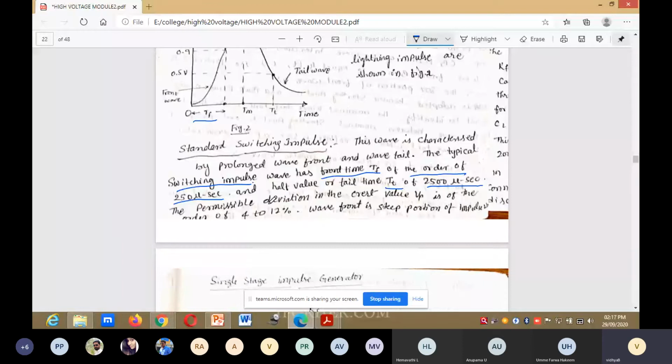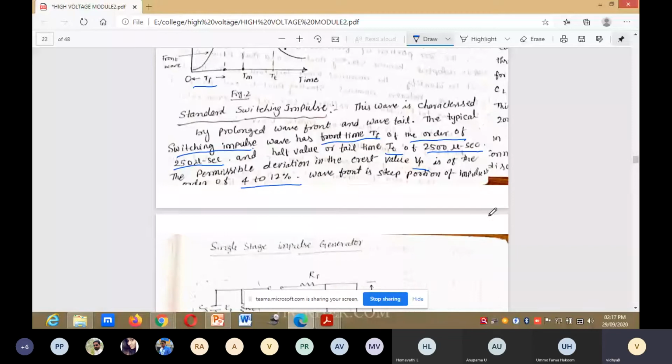The permissible deviation in the crest value, that is VP, is of the order of 4 to 12%. Wavefront is the steep portion of the impulse.